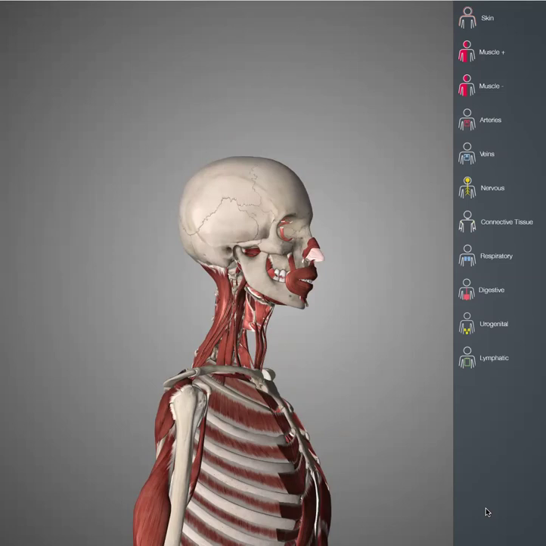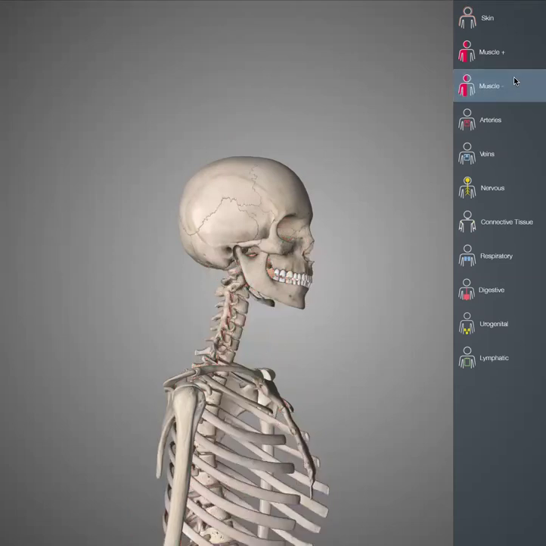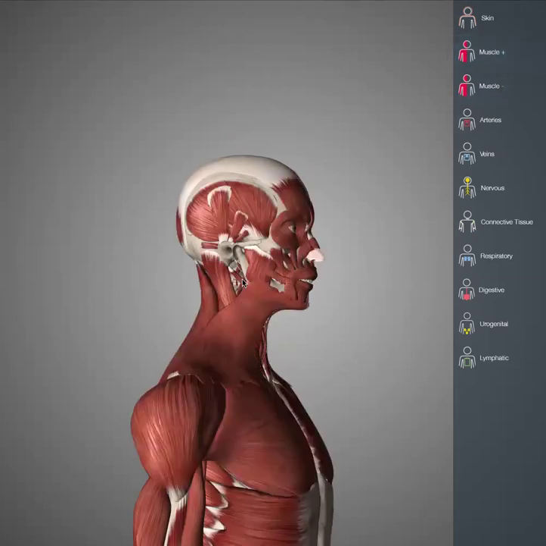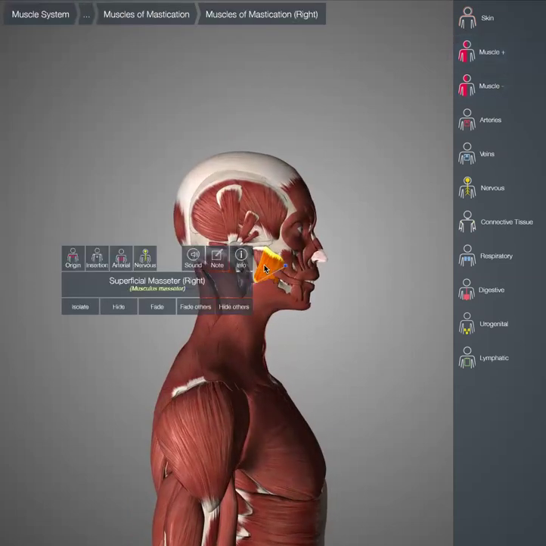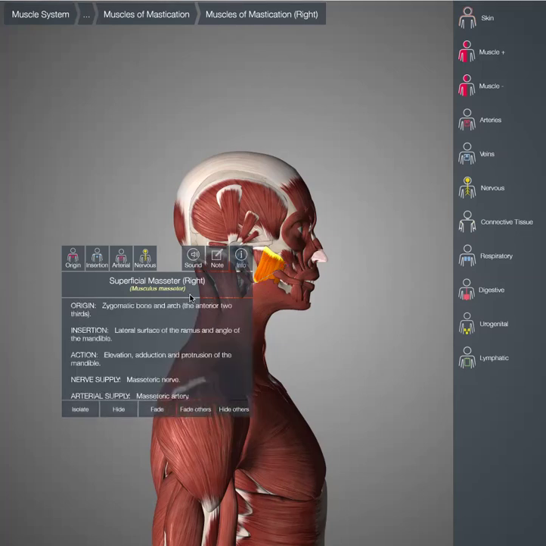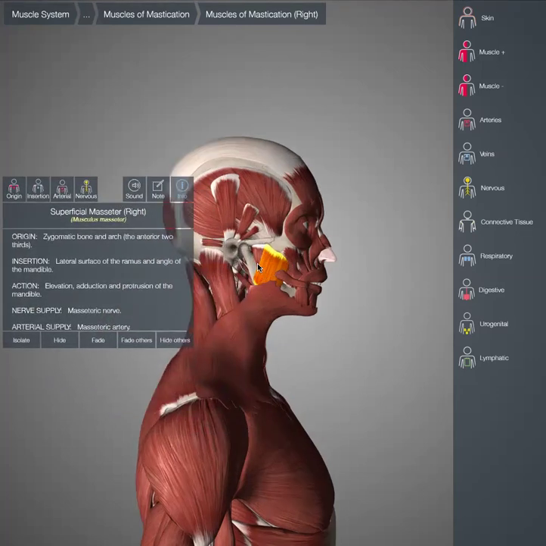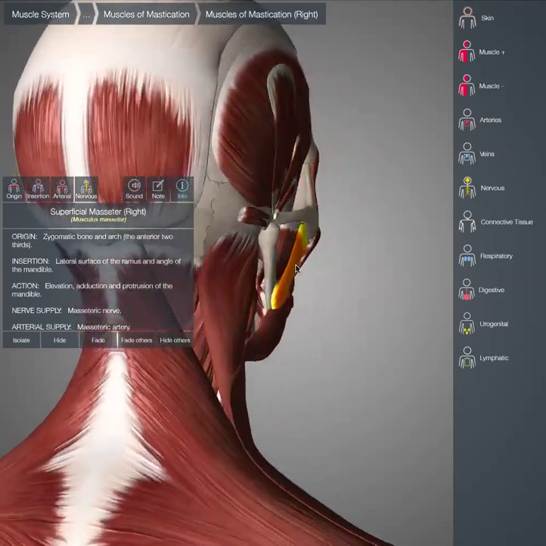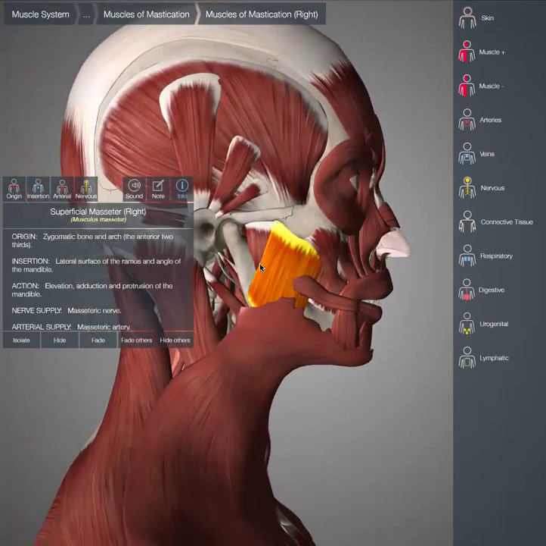Okay, so next we're going to discuss the next muscle, which is the masseteric. The masseteric is here, and we're going to select both of them. But first, let's do the superficial, because they may have different origins but are very close to each other. Superficial head of masseteric.